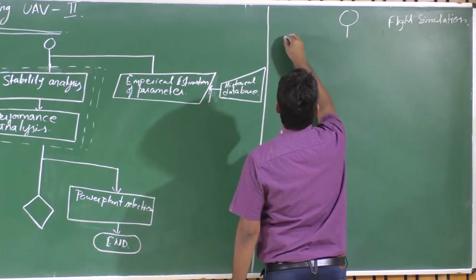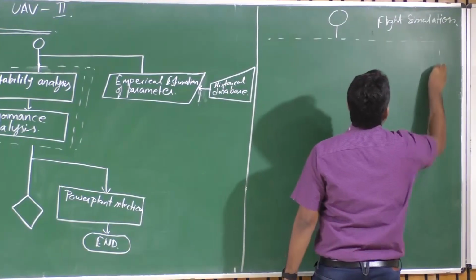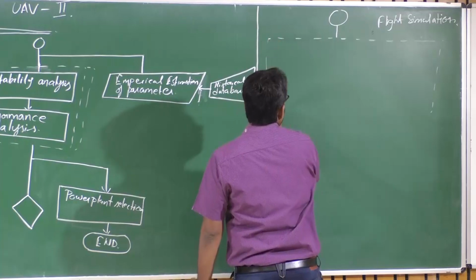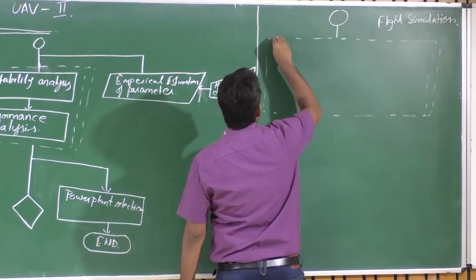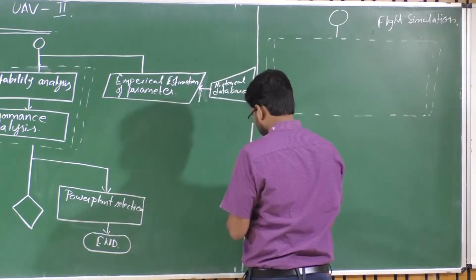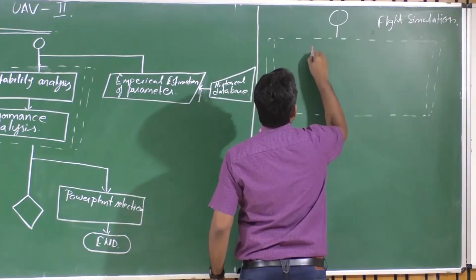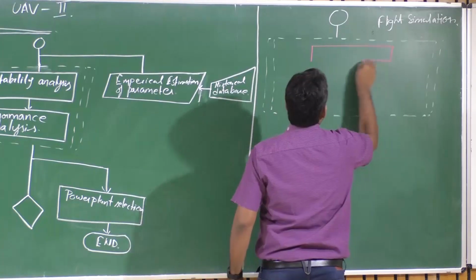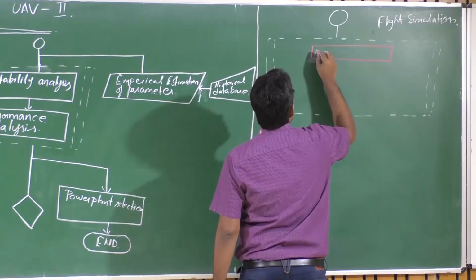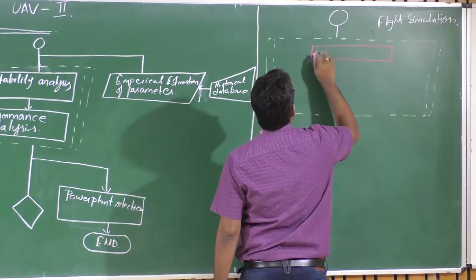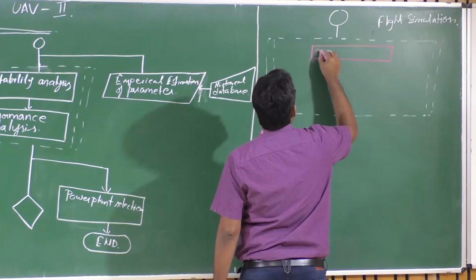So for this flight simulation subroutine, what we need is a numerical model, right? Or say, what we have is the six degrees of freedom equations of motion, right?